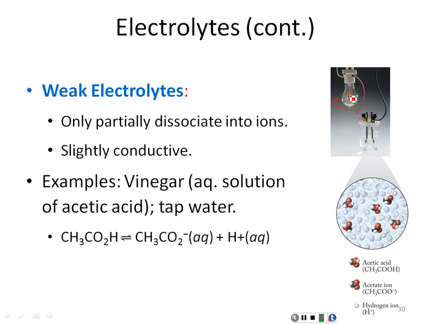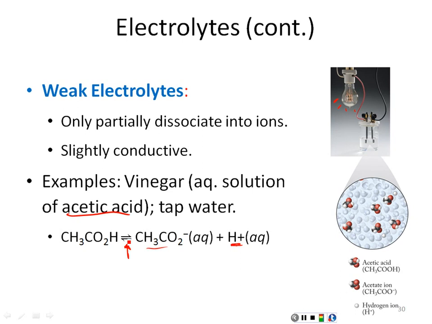A classic example of a weak electrolyte would be vinegar, whose chemical is acetic acid. And you see that it dissociates, it loses a hydrogen ion, but it's not fully dissociated.